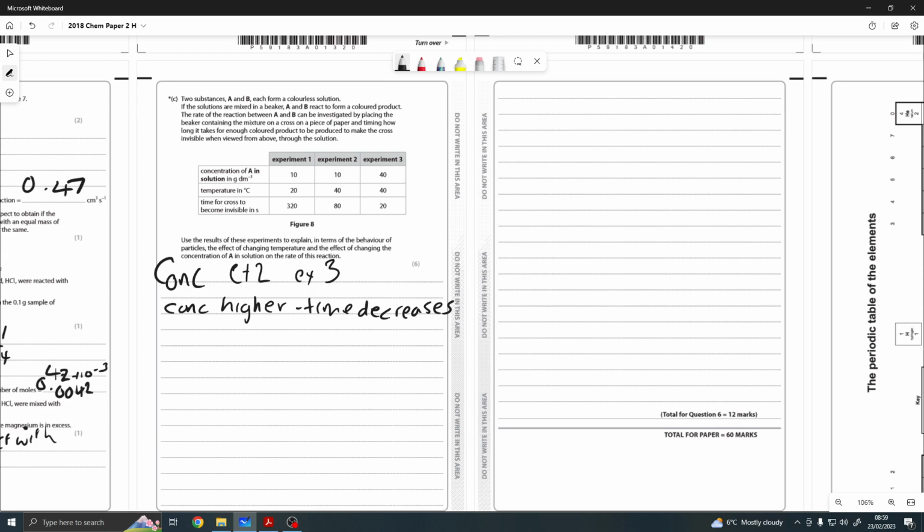All you're doing there is reading off. As the concentration goes up by 4, the time for the cross decreases significantly. Why is that? Because there are more particles. If there are more particles, that means a greater frequency of collisions.